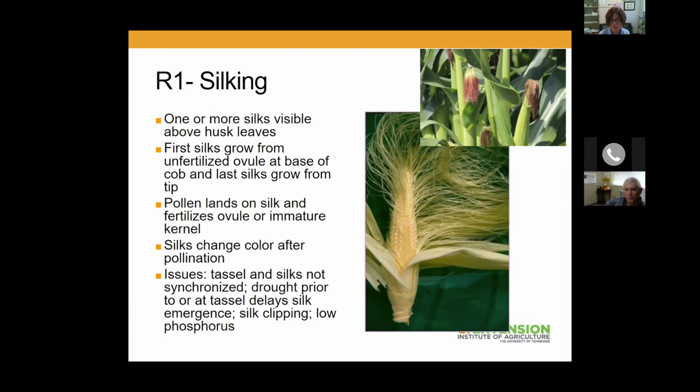We need enough water for those silks to grow at a normal pace so that they're out there when the pollen's being shed. Silk clipping from insects is another one that sometimes can cause issues if those silks are clipped off and the pollen can't fertilize the silks. Low phosphorus is one of the fertility issues that sometimes we see that does impact silk production or silk growth.